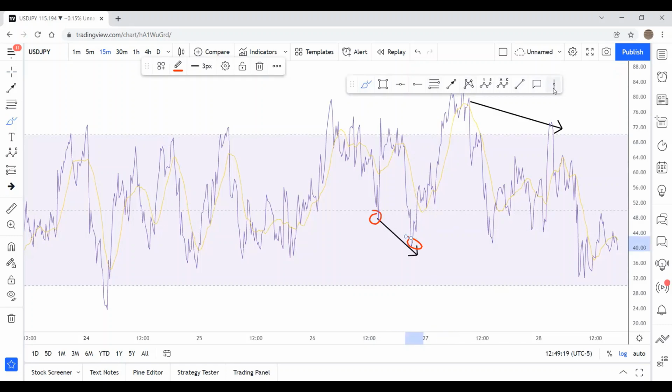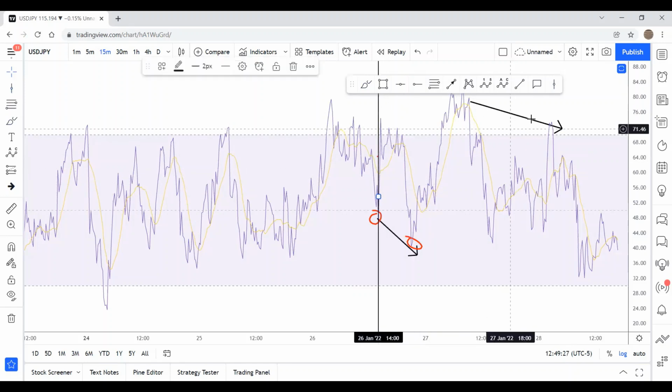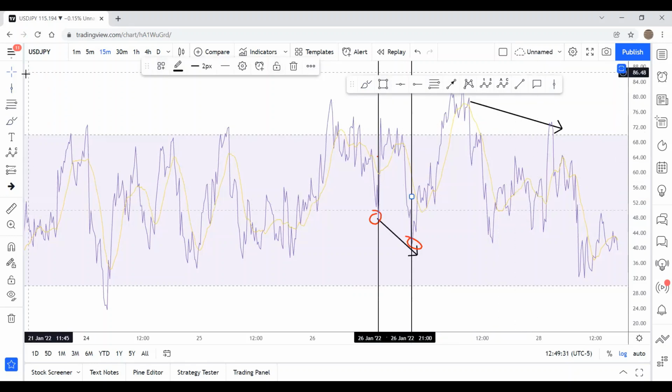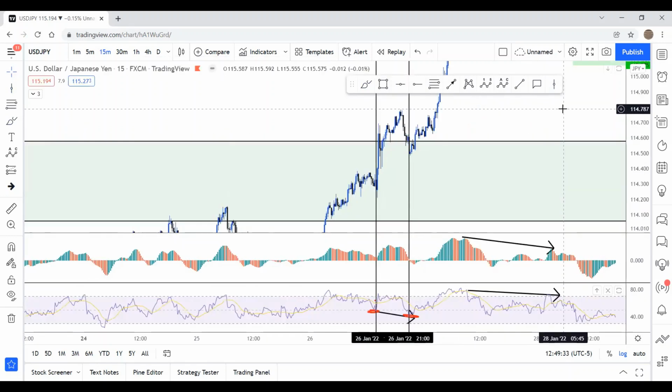Now I'm going to put a line there, and then we're going to look at the actual chart and see if price did something opposite. Look at this. Okay. Now let's go on the chart again.